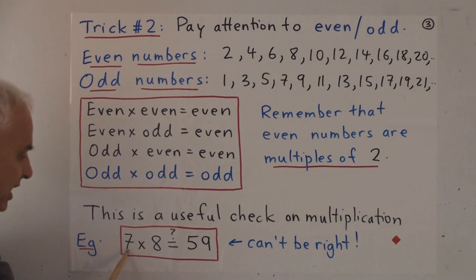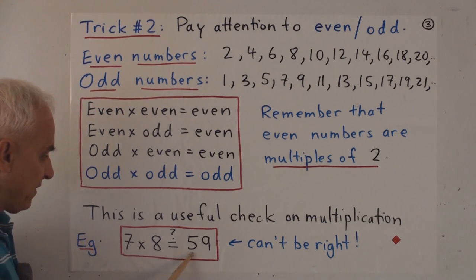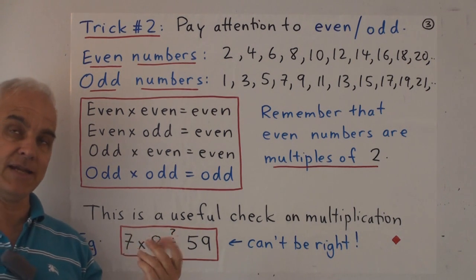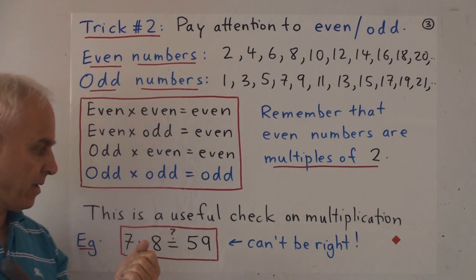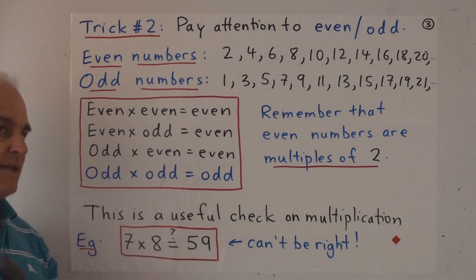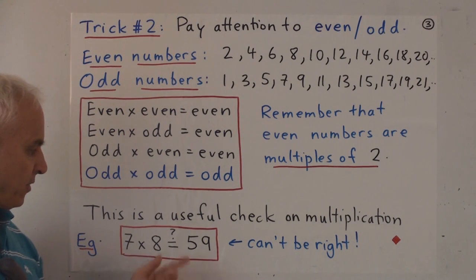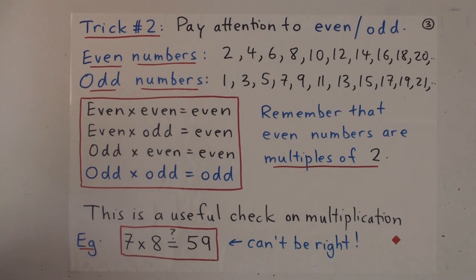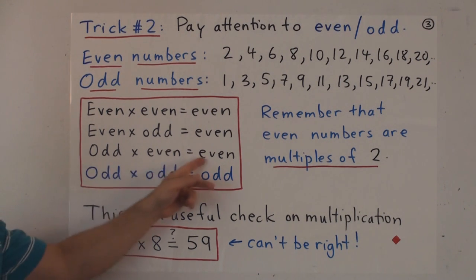For example, if someone claims that 7 times 8 is 59, or perhaps you are trying to remember what 7 times 8 is and you can't quite remember, and you know it was 50 something. What was it? Could it be 59? Well, the answer is it couldn't be 59, because here we have odd times even, and odd times even has to be even.